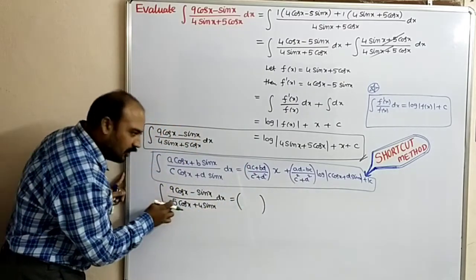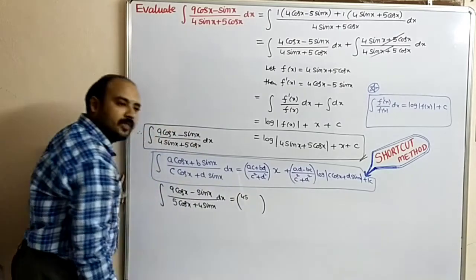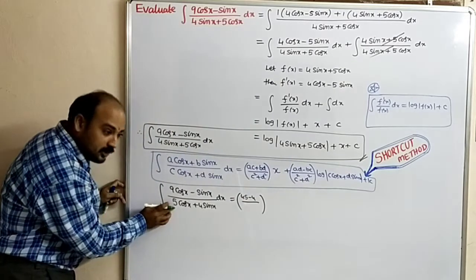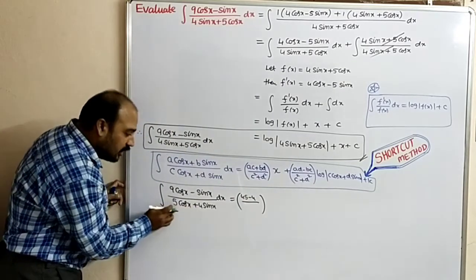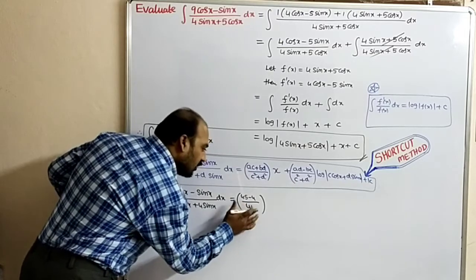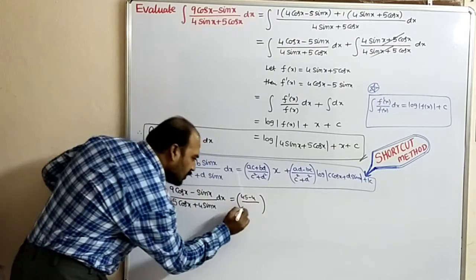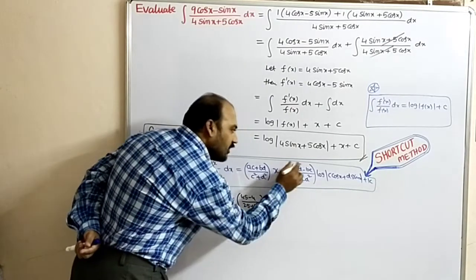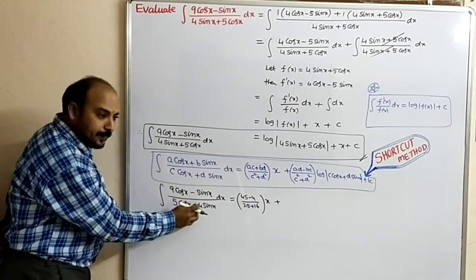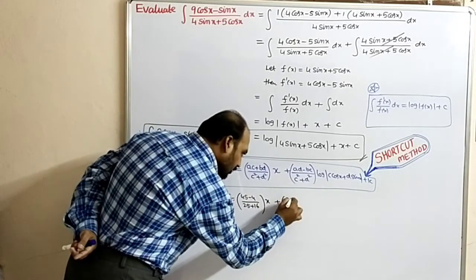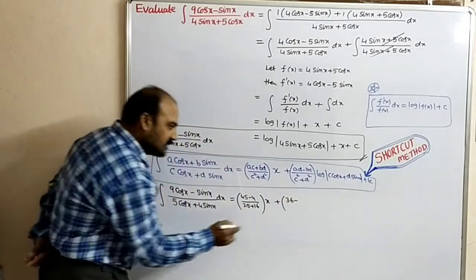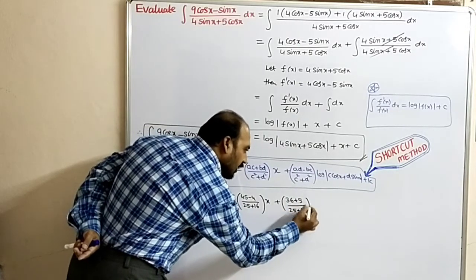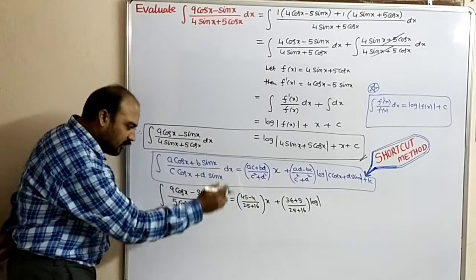ac: 9 into 5, 45. bd: minus 1 into 4, minus 4, divided by 5 square 25, 4 square 16, 25 plus 16, 41. Otherwise you can write it in one step, no problem. 25 plus 16 into x plus ad minus bc: 9 fours are 36, minus bc, minus of minus 5, plus 5, divided by 25 plus 16 into log mod of the denominator, 5 cos x plus 4 sin x.